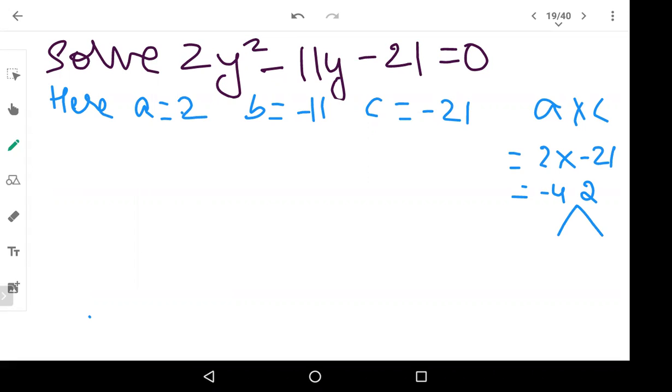If you have got the answer, very good. Now find the factors here. For minus 42, what all can be the factors? Where you should get minus 11. Be careful with that.